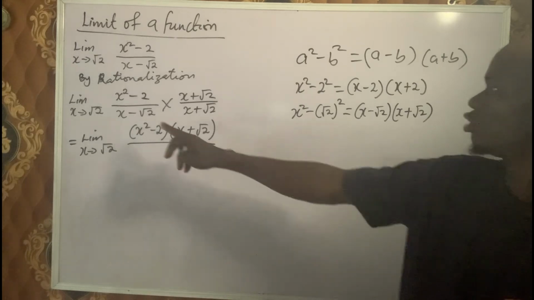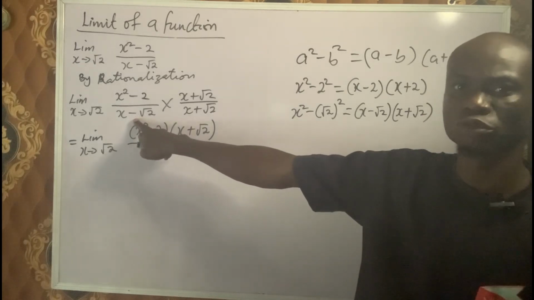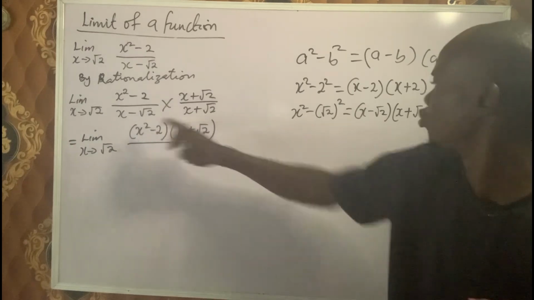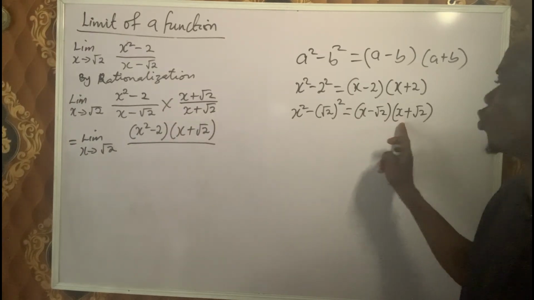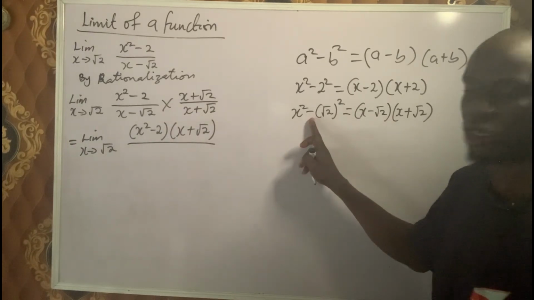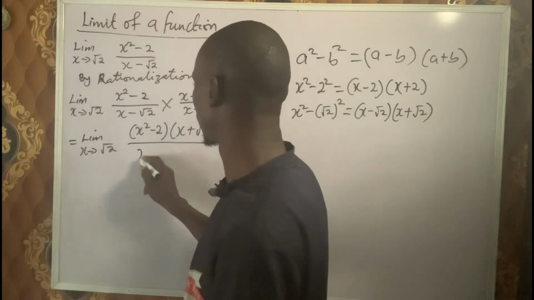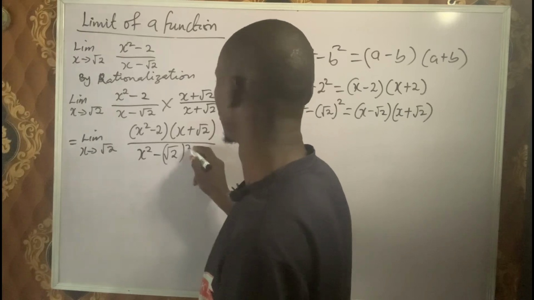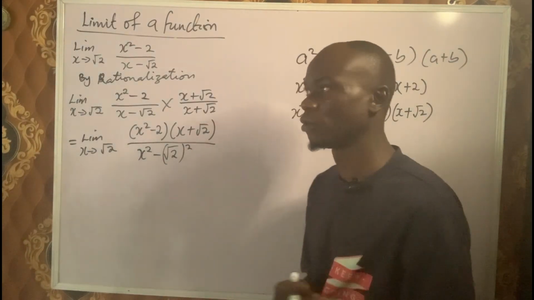So if you observe the denominator, that's what I see here, x minus root 2 times x plus root 2, which means this is what we have here. So we can replace it with this. That means I'm going to have x squared minus root 2 all squared. Is it okay?